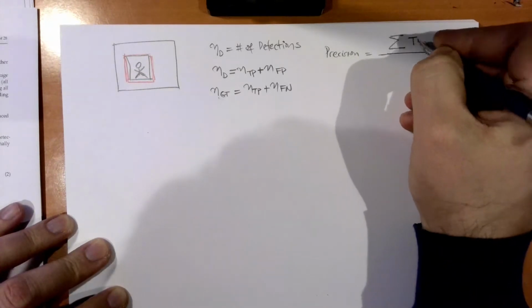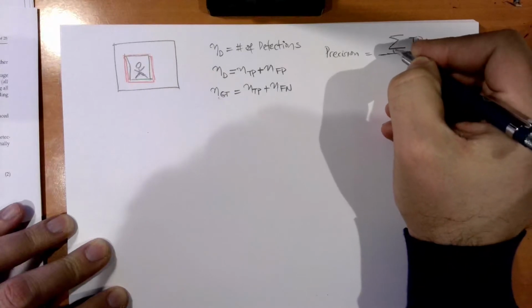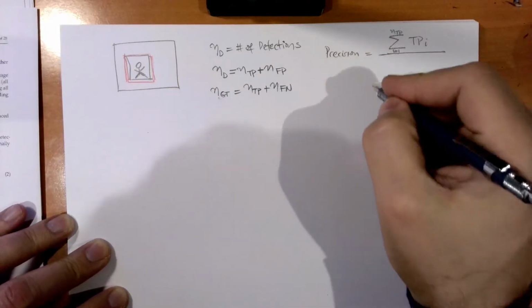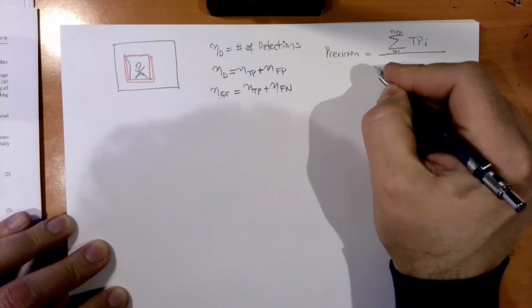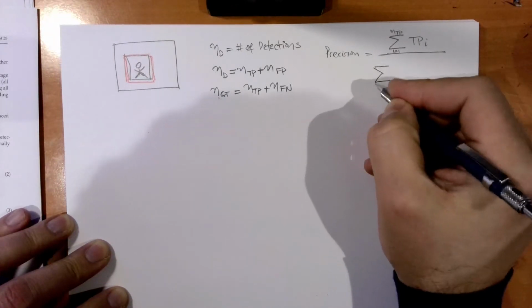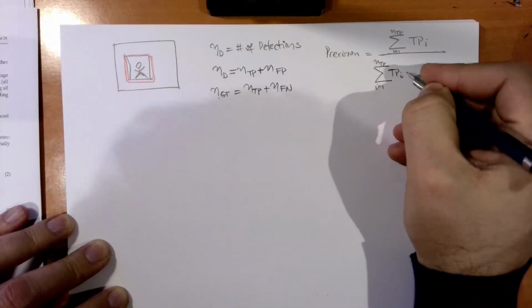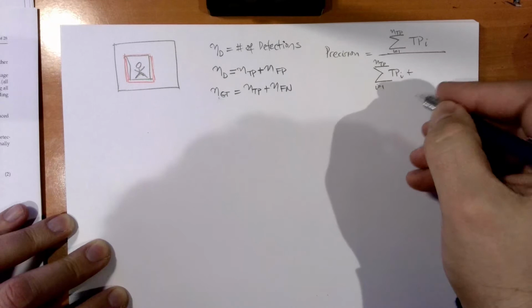So it is the sum of TP_i from i equal to 1 to NTP, divided by, again, the same thing, the sum from i equal to 1 to NTP of TP_i, plus the false positives.